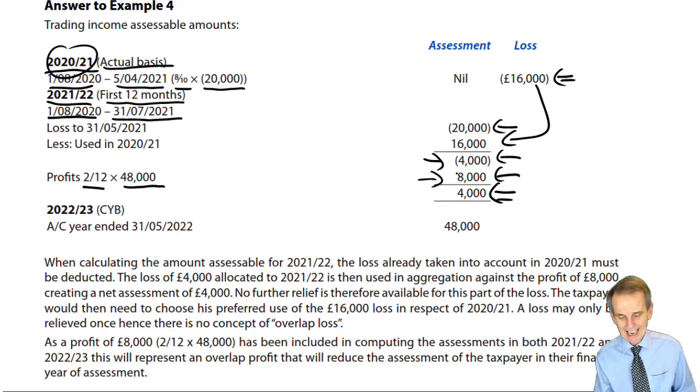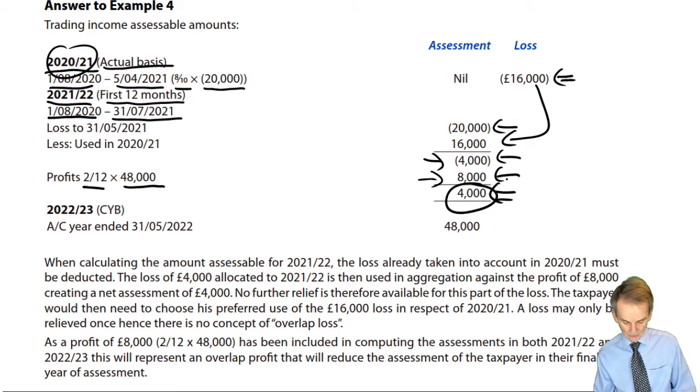If you hadn't had that remaining loss of 4,000 to offset against the 8,000, the figure of assessment for this tax year would have been, of course, the full £8,000. But the loss of 4,000 has reduced it down to a net profit of £4,000.